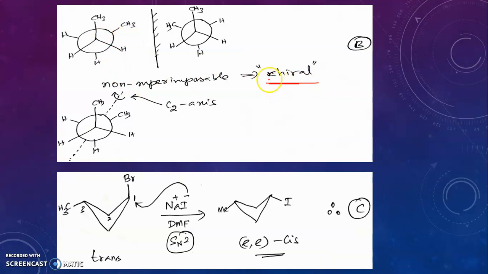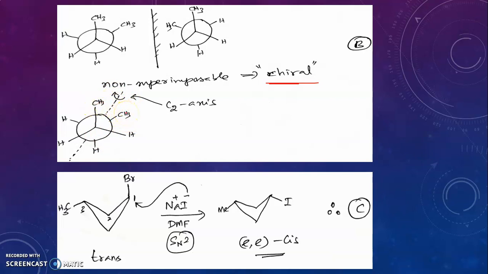As well as in the gauche conformation, listen, this methyl group is present in the front carbon and this methyl group is present in the rear carbon. Now, if you place an axis passing through the middle of the front carbon and rear carbon, and carry out a 180-degree rotation, this methyl group which is present in the rear carbon will come front and this methyl group will go back.